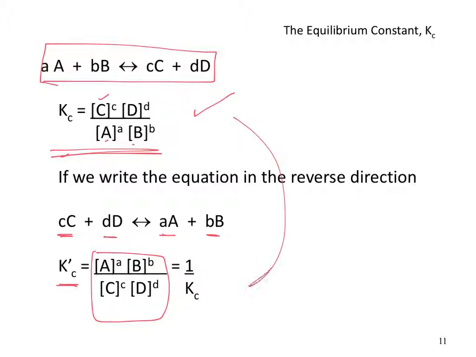If you compare the two, hopefully you can see that one is the reciprocal of the other. What does that tell you? That if you knew the equilibrium constant for the forward reaction, then that will be equal to 1 over the equilibrium constant for the backward reaction. So for any reaction, it will be very easy for you to determine the equilibrium constants for the backward reaction or the forward reaction, depending on the data that is provided to you.